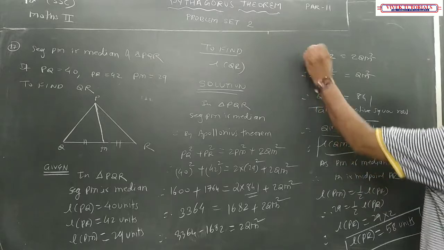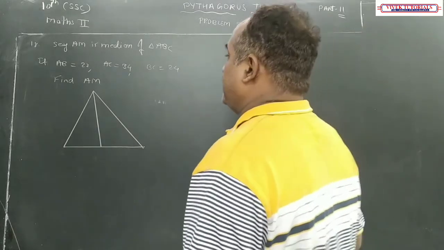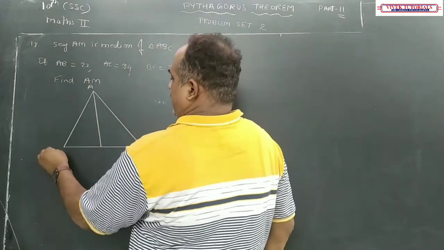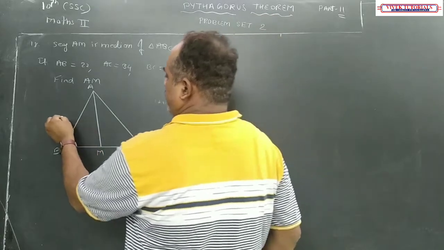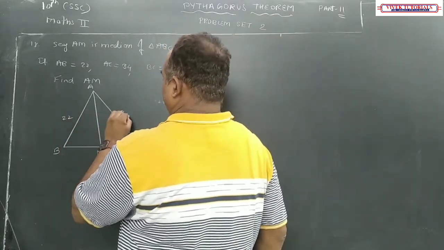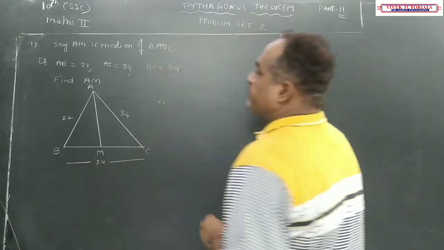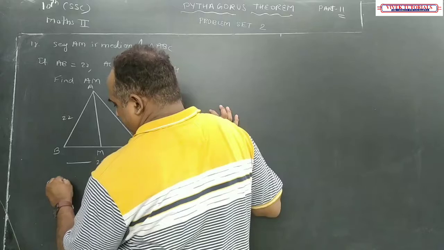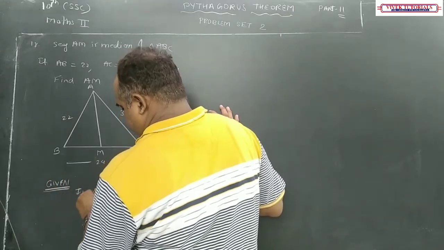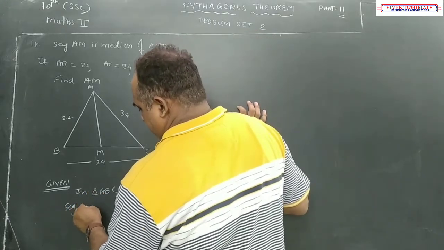It's a simple question, just a little calculation will be needed. Copy down it properly. Now this is the last question of your problem set 2. In triangle ABC, AM is a median. AB is equal to 22, AC is equal to 34, and BC is equal to 24. And they are asked to find out what AM. So, given in triangle ABC, segment AM is a median.